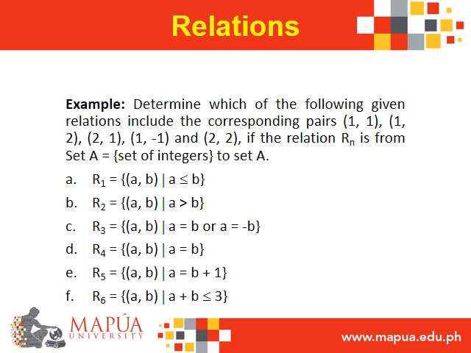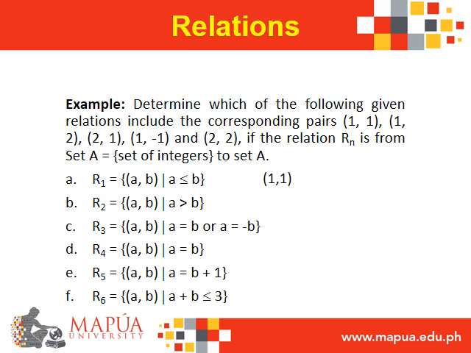For R2, this time the property is a greater than b. For R3, the property is a equal to b or a equal to negative b. And for R4, only a equal to b. Relation R5 contains the ordered pairs whereby a is equal to b plus 1. And finally, on relation R6, we have the ordered pairs whereby a plus b is less than or equal to 3.